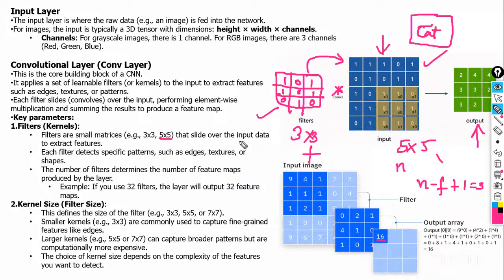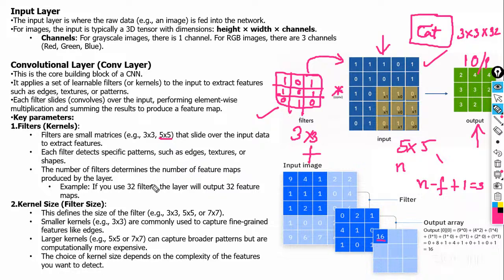So if I'm using one filter, how many outputs am I going to get? One. Yes, one output is what I'm going to get. In the same way, if I use 32 filters, it will be 3 by 3 by 32, where this 32 represents the number of filters that you are going to use.